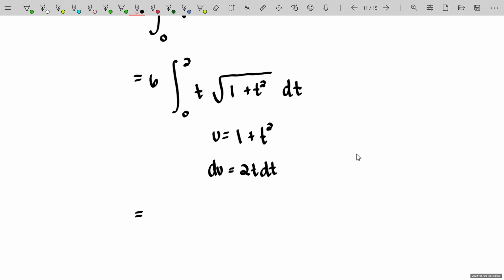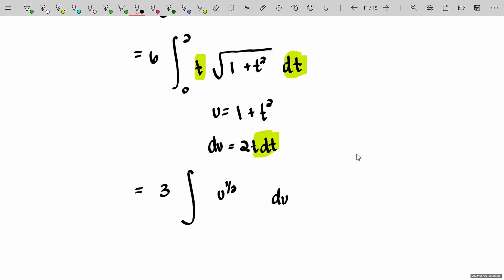That's going to be, well, at least I should say a t dt, and then 2 will be stolen out for du. And then we have the square root of 1 plus t squared, or in other words, u to the 1/2.